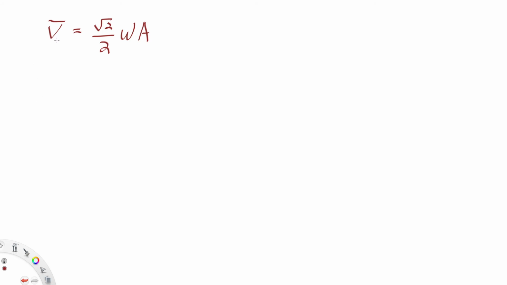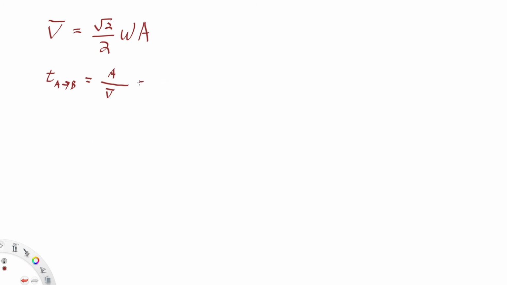So remember, our goal in finding this average speed was because we were interested in the amount of time that it would take. We thought, well, we can get the time if we have the average speed, because then the time it takes is going to be the distance that the mass travels divided by the average speed.